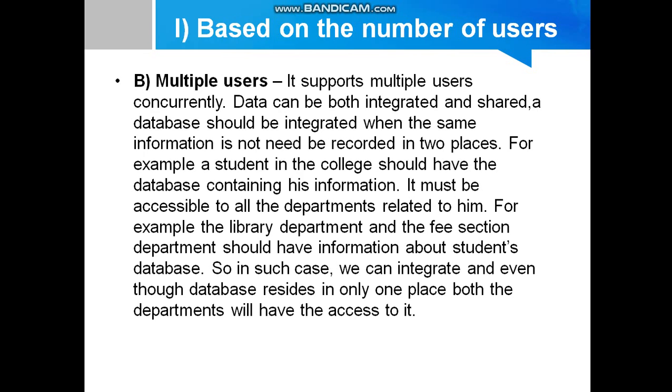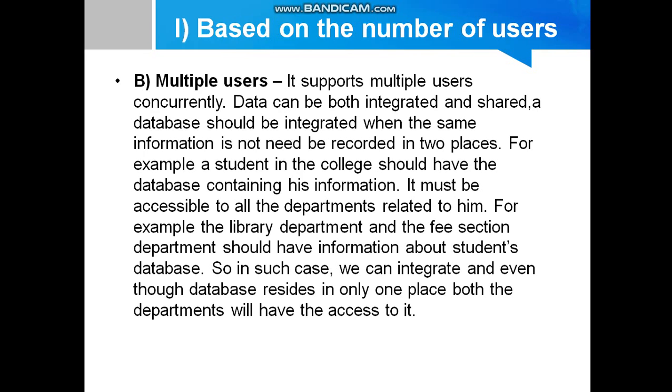Data can be both integrated and shared. A database should be integrated so that the same information does not need to be kept in two places. For example, a student in the college should have a database containing his information. It must be accessible to all the departments related to him.